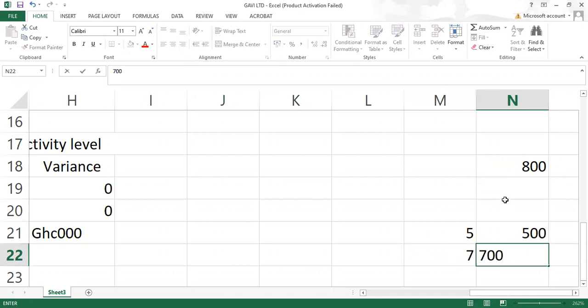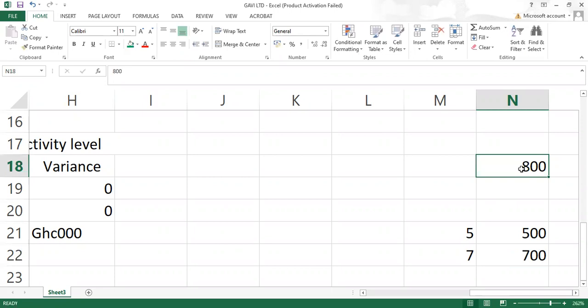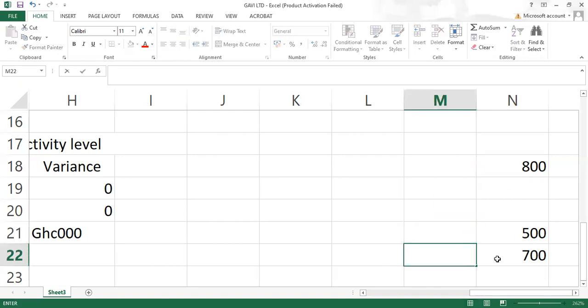But you end up spending 800 cedis. It means that you spend 100 cedis more, isn't it? So the 800 cedis is the actual. But the 700 cedis that you are finding is the amount that you should have spent before, which is the flex budget that we are talking about. Are you okay? Okay.